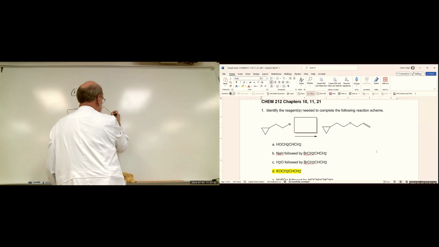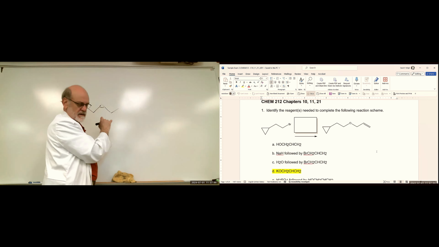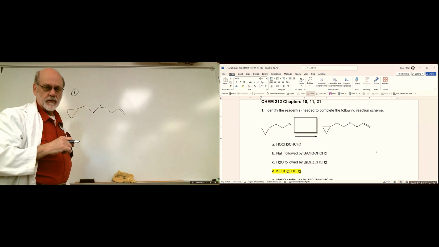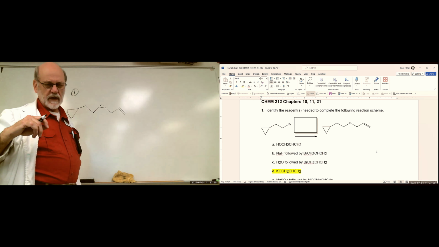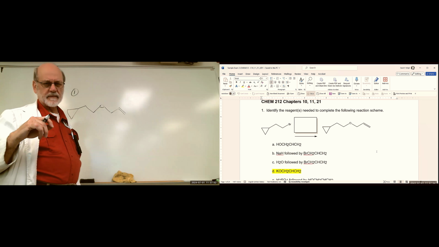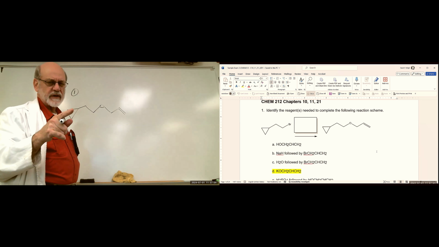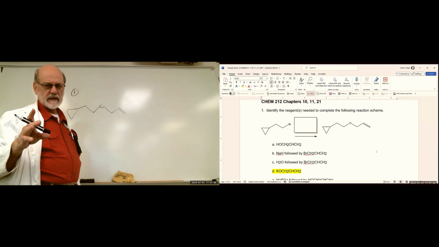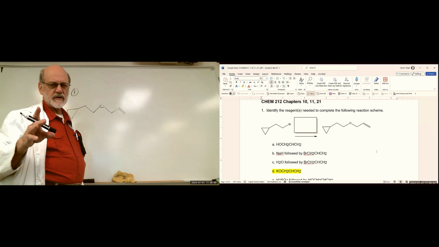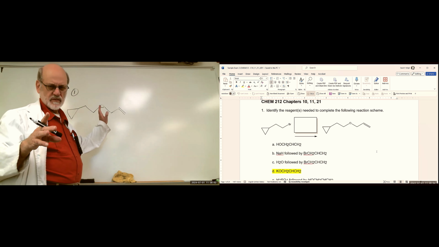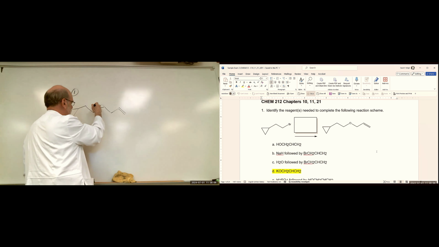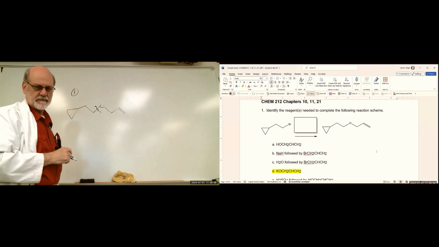And a double bond there. If we're going to form that from that precursor, then where does the bond need to form? The replacement needs to form here, right? Right there.